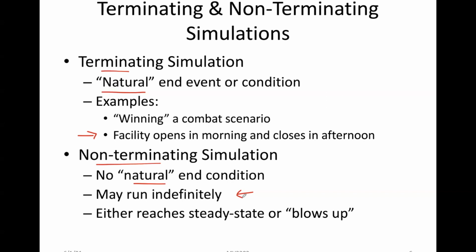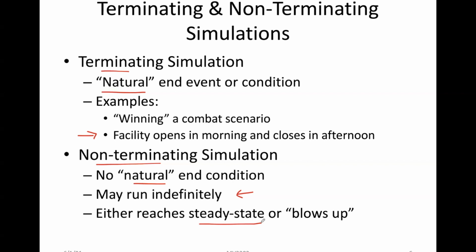So we're going to deal with the terminating ones. But when I say non-terminating, there are typically only two outcomes of how the system works. It will either reach some steady state, which means that no matter how far you run it, it will keep fluctuating around the same values.